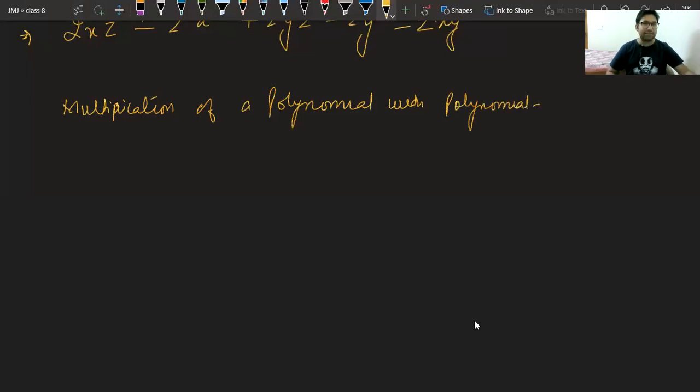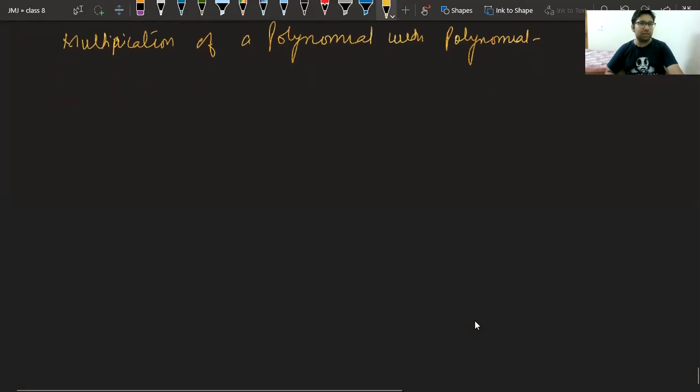Now, in this case, earlier we have seen a monomial was easily getting distributed over the polynomial. Now we have a polynomial and a polynomial. So first, let's start with two binomials multiplication.